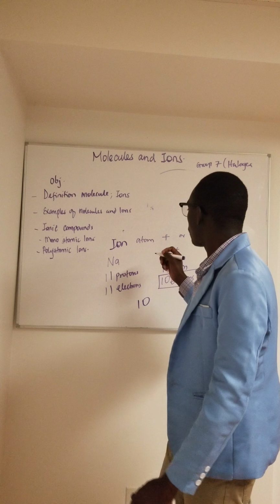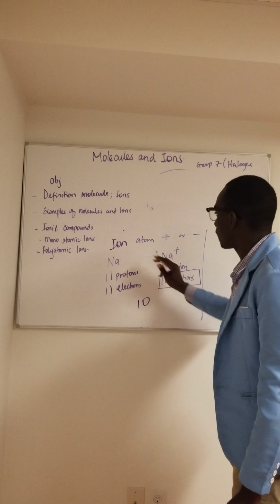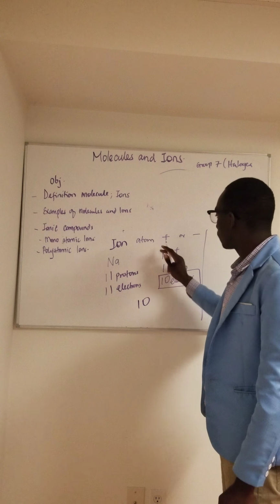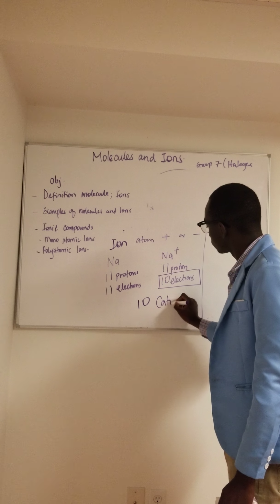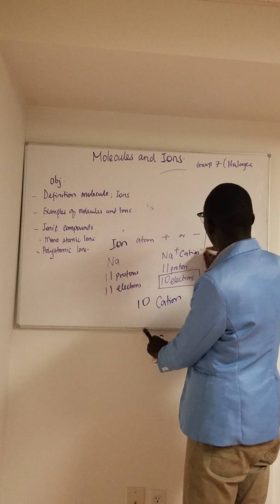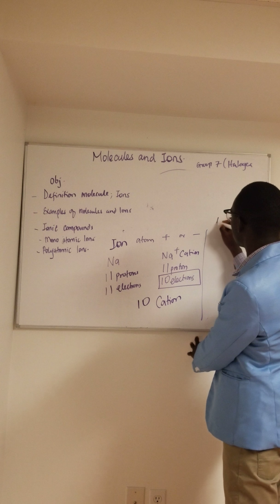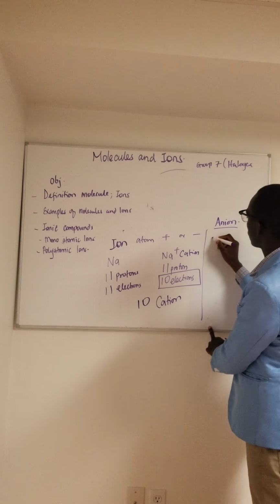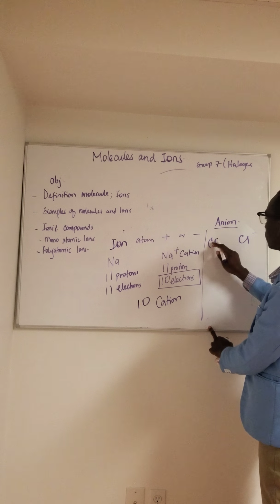Whenever an element reacts by losing an electron, when it's a metal, we call it a cation. So this is a cation. Then for an element that gains an electron, we call it an anion. An example of an anion is chlorine, Cl minus.